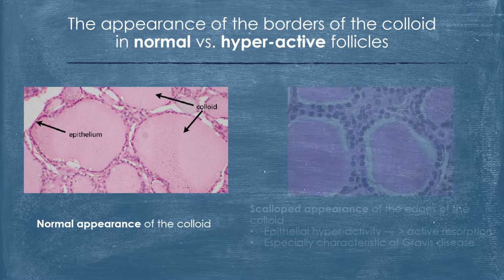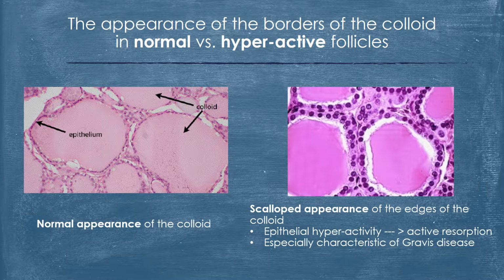In the normal state, we can see that the border between the colloid and the epithelial cells are somewhat fused. They are fused together. There is no visible space in between. But in the abnormal state, we can clearly see the space between the colloid and the epithelial cells.